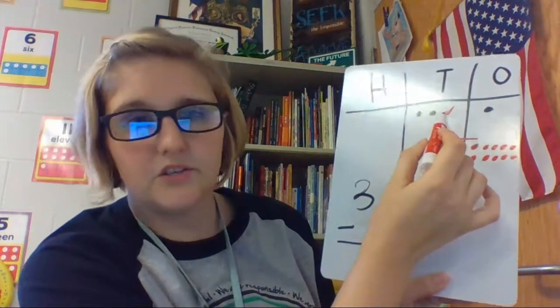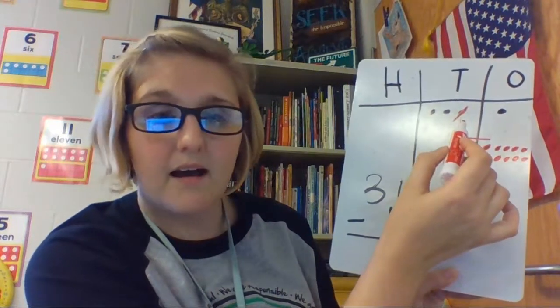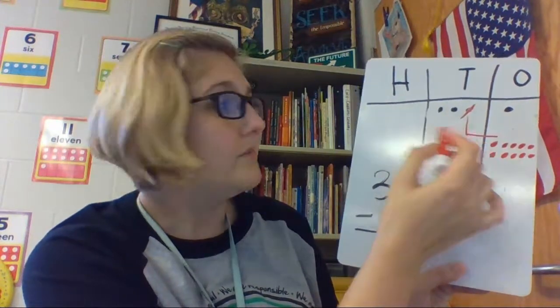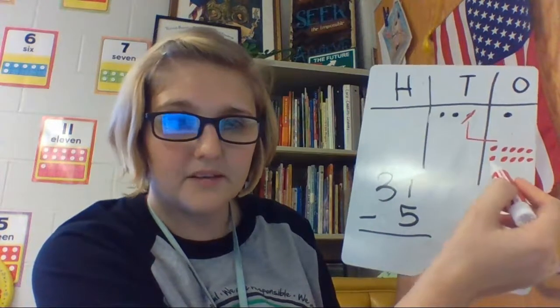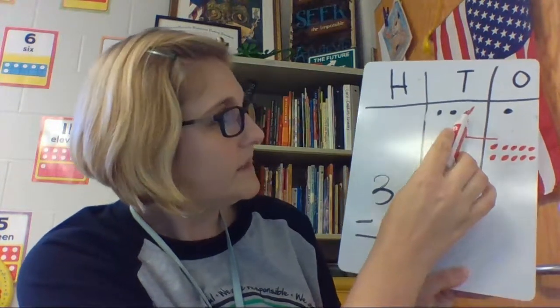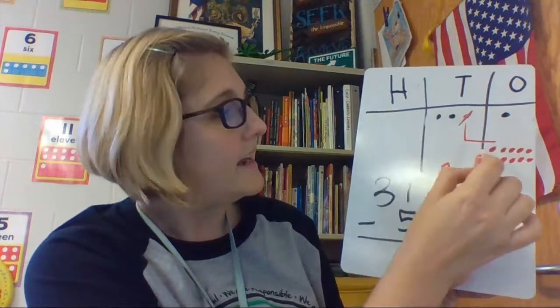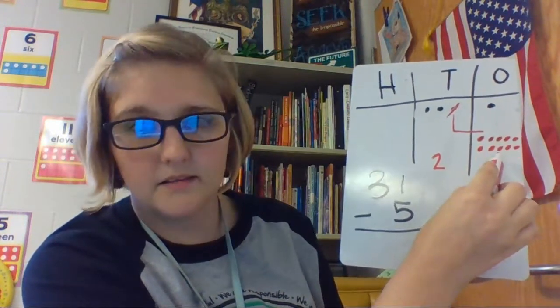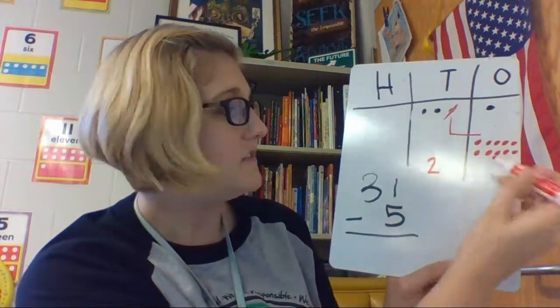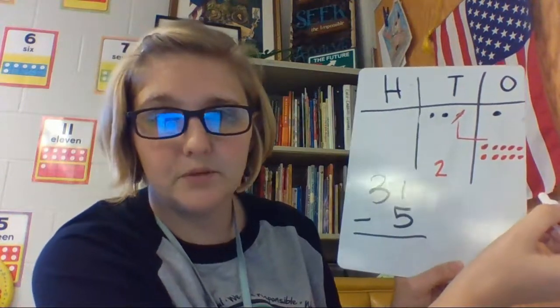So now students should understand, since you've played a lot and since you have practiced this a lot, that unbundling. So now I have 2 tens left over, and now I have 10 ones plus 1 one. So now that gives me 11 ones to play with.